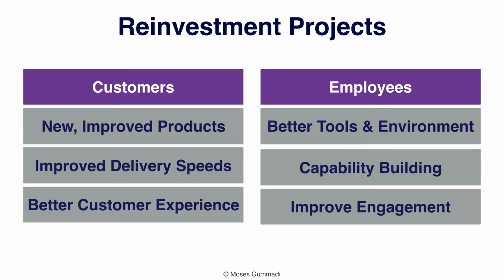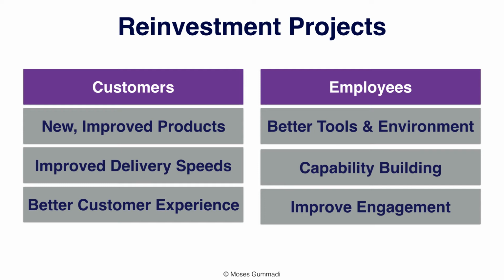So as far as customers are concerned, new and improved products they will appreciate, and they will probably pay a better price, a premium price, to buy your products if you do better for the customers. Improve your current performance of your products and services. Bring in new products and services by taking into account the customer feedback.